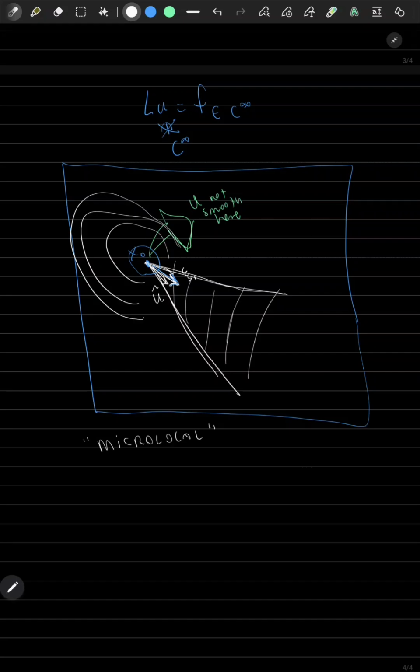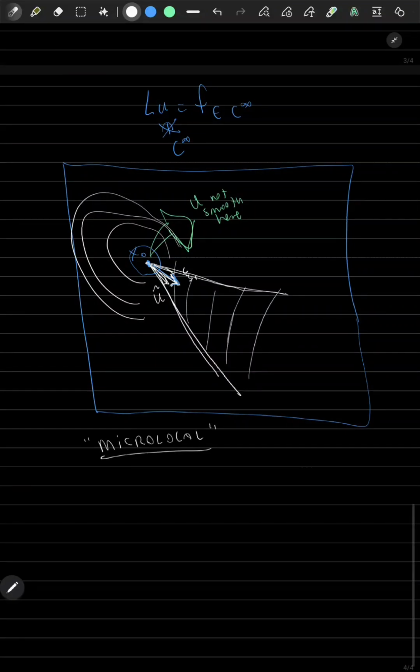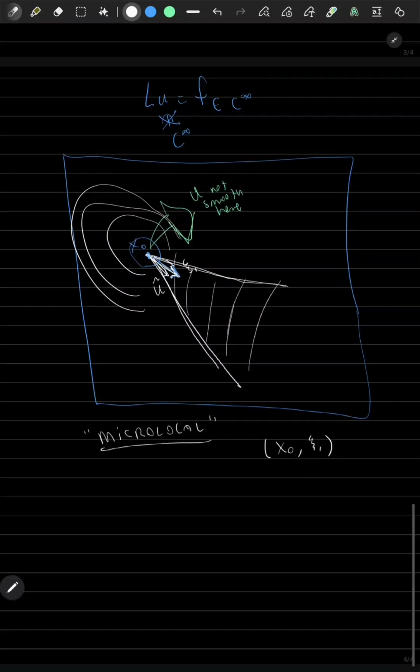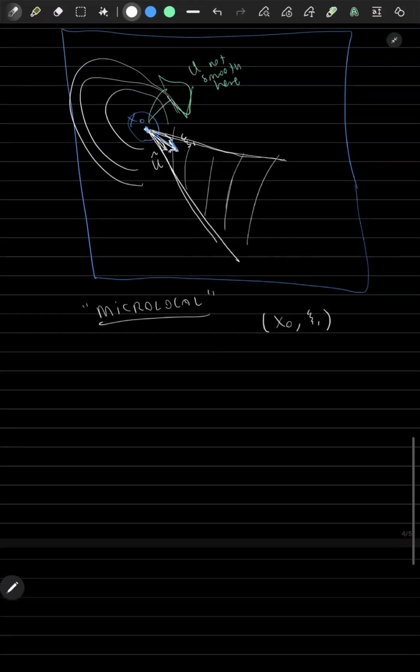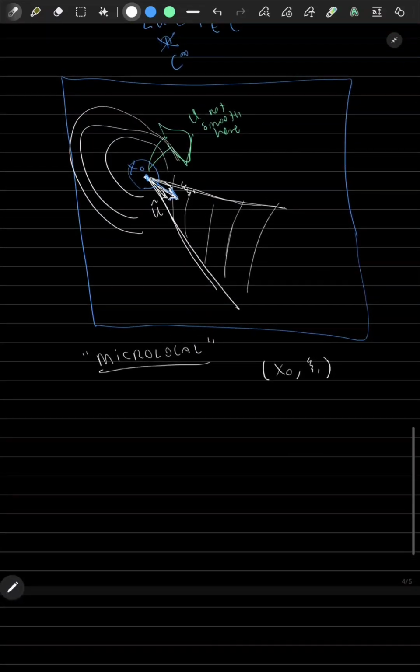So this is called microlocal regularity, and under these conditions we say that this pair of points x0, xi1 would not be in the wavefront set of the distribution U. Okay, so I think that's it for now. In the next video, I'll try to bring some more concrete examples and calculations on this wavefront set stuff.